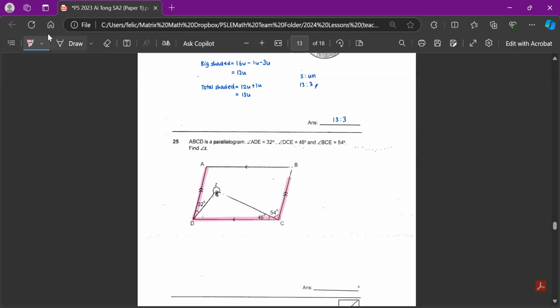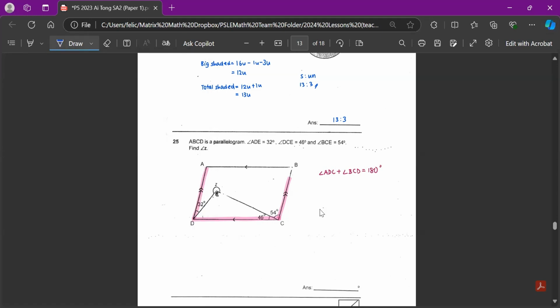This also means that angles in these two corners add up to 180 degrees. So let's put a note there: angle ADC plus angle BCD adds up to 180 degrees.